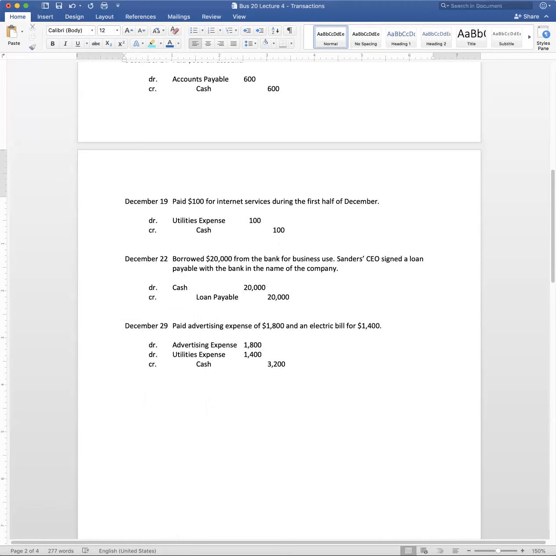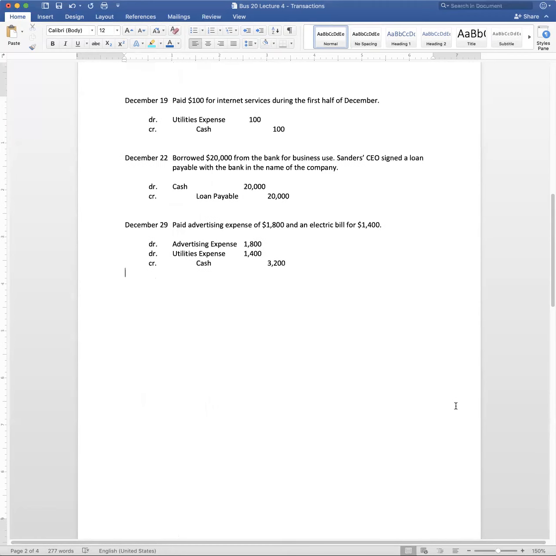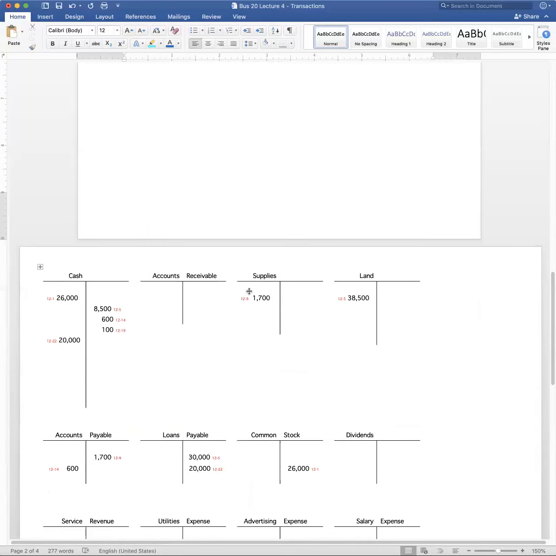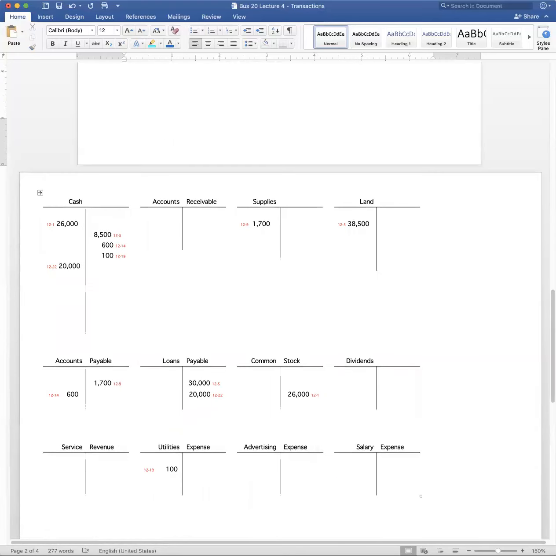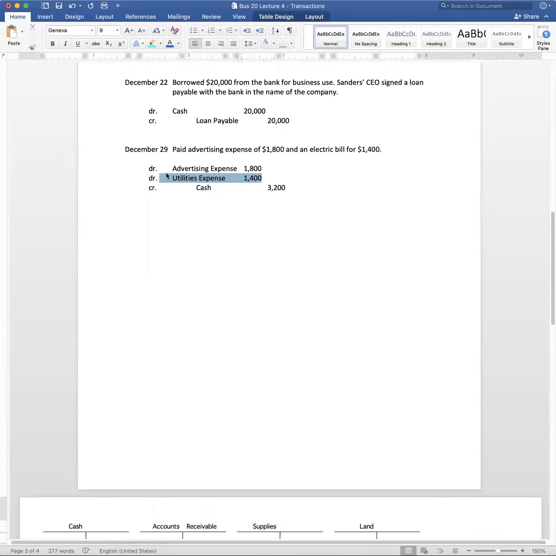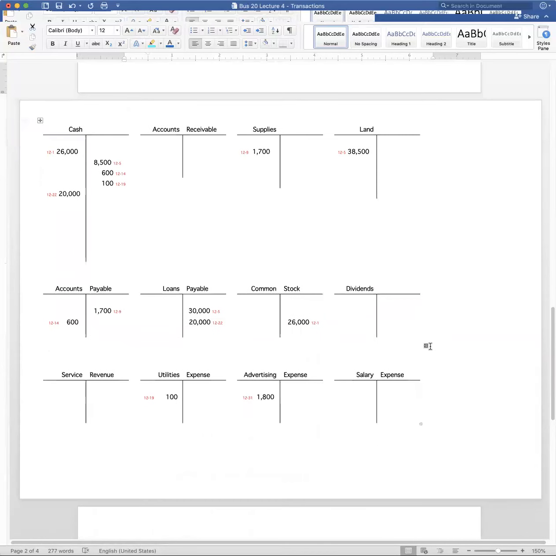All right, now let's post that in the T accounts. So we have a debit to advertising expense of $1,800. And we also have a debit to utilities expense of $1,400.